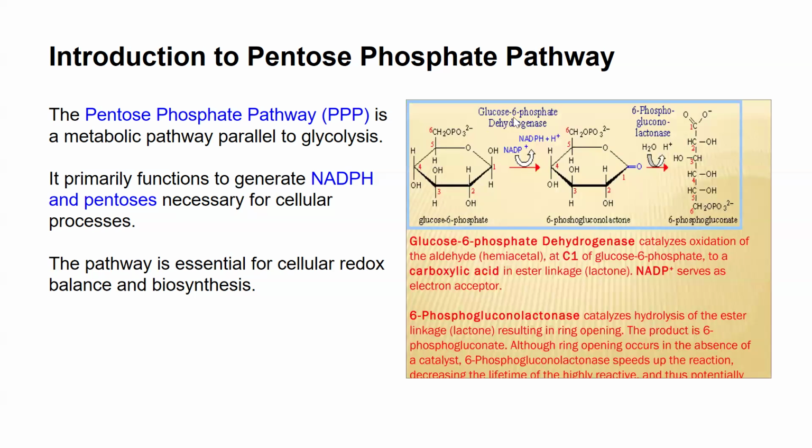As you can see, this is the starting point of the pathway. That is why the pentose phosphate pathway is considered parallel to glycolysis.